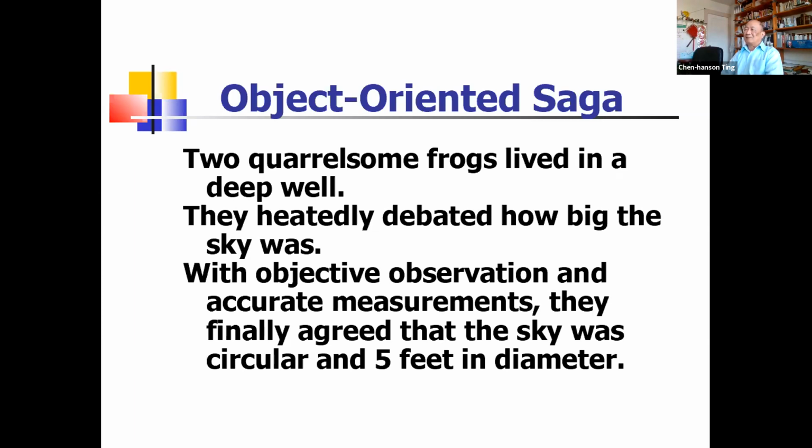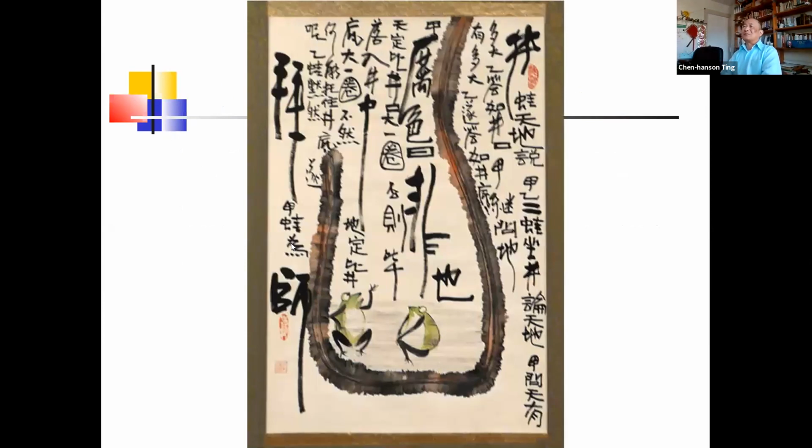With objective observations and accurate measurements, they finally agreed that the sky was circular and 5 feet in diameter. And I also have a nice picture to show you the two frogs arguing about the sky in the depths of a deep well.